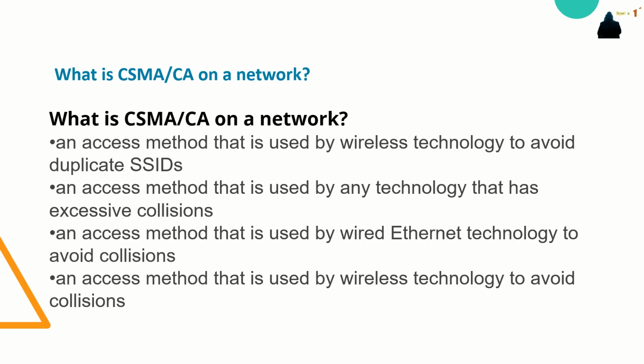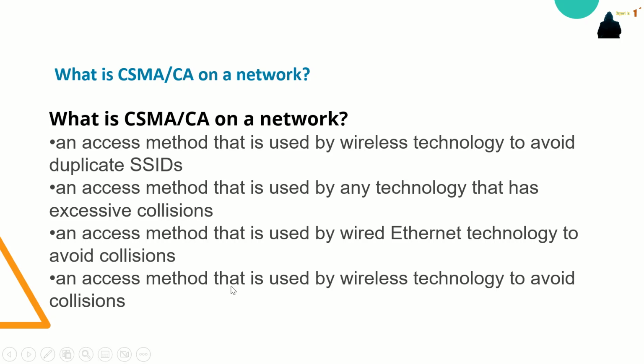What is CSMA/CA on a network? An access method that is used by wireless technology to avoid duplicate SSIDs? No. An access method that is used by technology that has excessive collisions? An access method that is used by wired Ethernet technology?